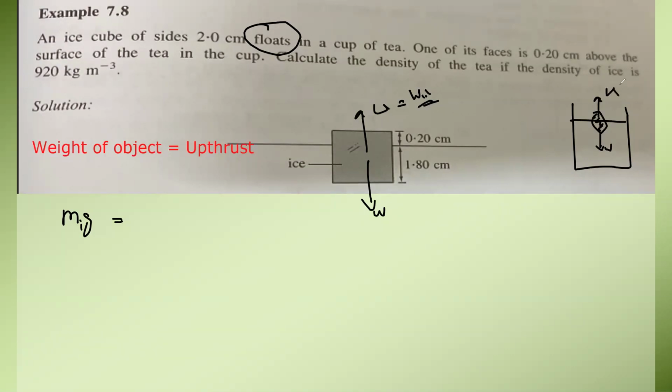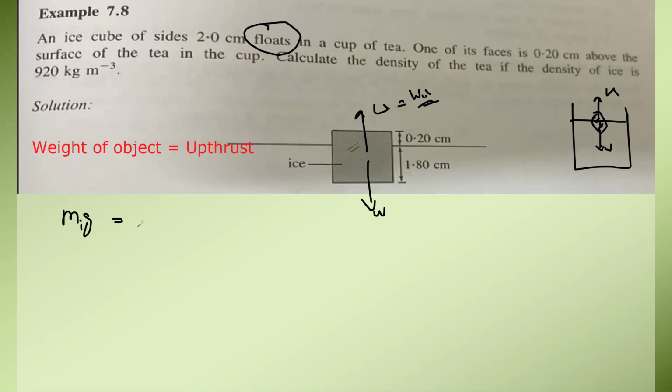So weight must be equal to upthrust. Otherwise, if the weight was greater, then it will sink. So at minimum we take that the weight should be equal to upthrust so that it will float. So weight is equal to mass into gravity, or the mass of the ice into gravity.